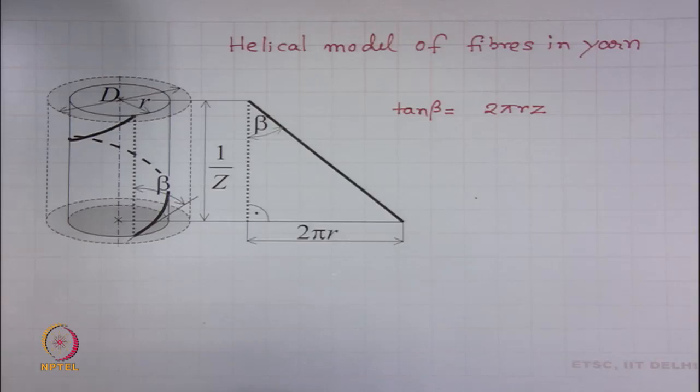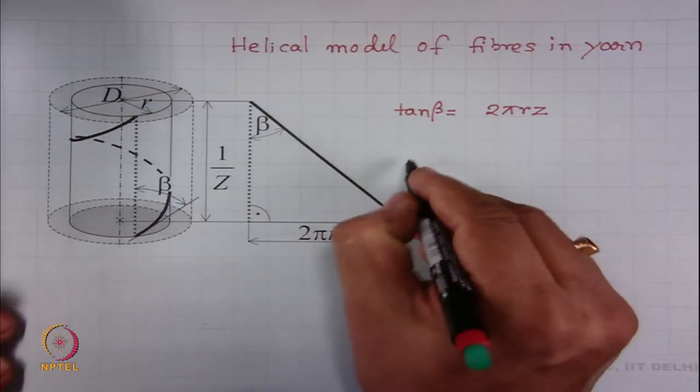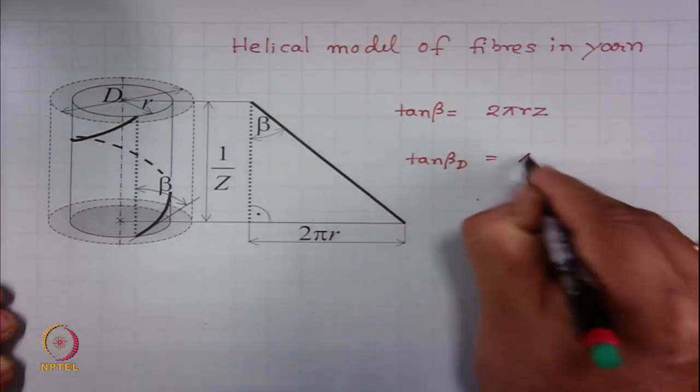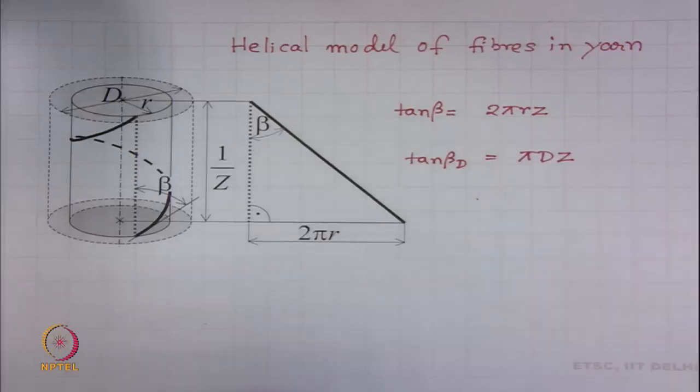Now, of course, there will be a fiber which is situated at diameter d as well. For that fiber we will write tangent of beta d is pi times d times z.